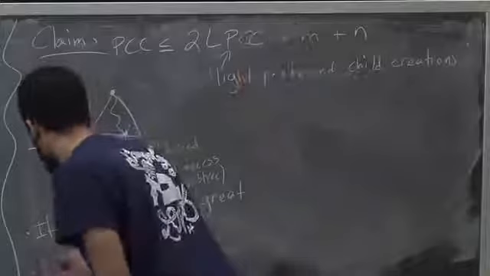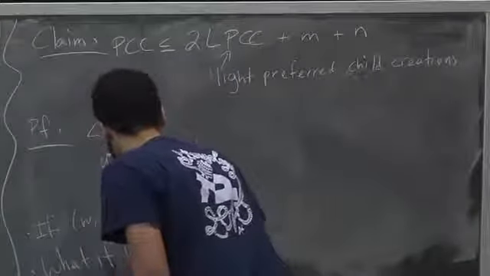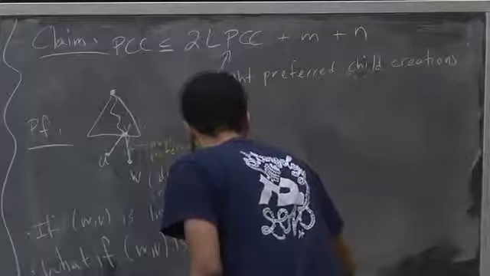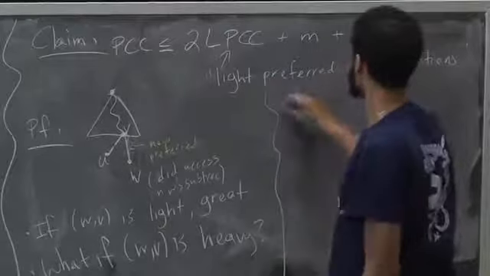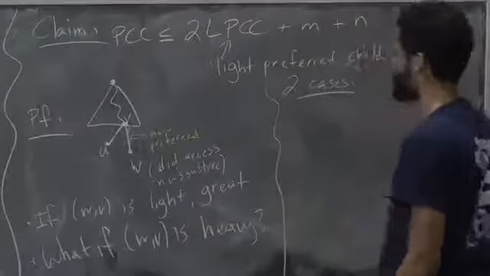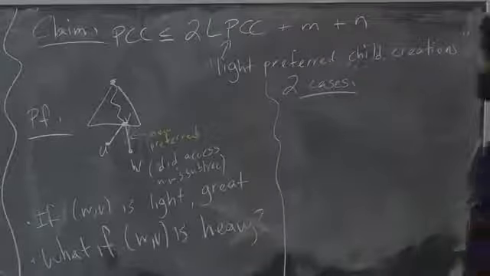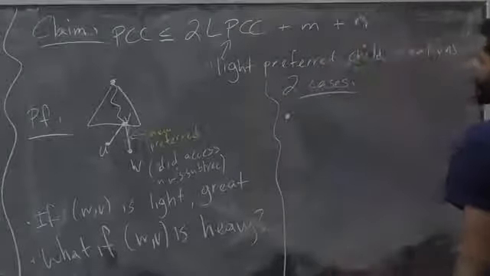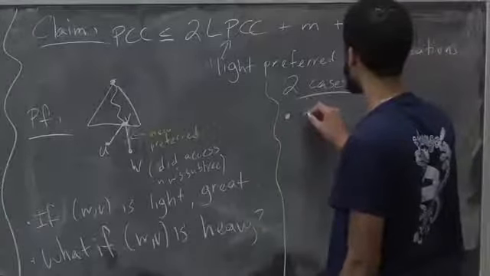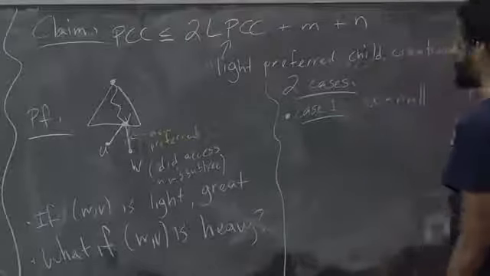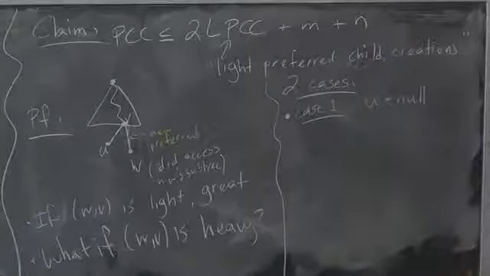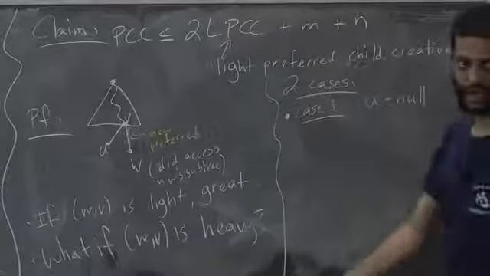Now, what if WV is heavy? There are two cases. In case 1, I'll say W is null. It might be the case that V didn't have a preferred child before, and then now that we access something in W's subtree, W is the preferred child.